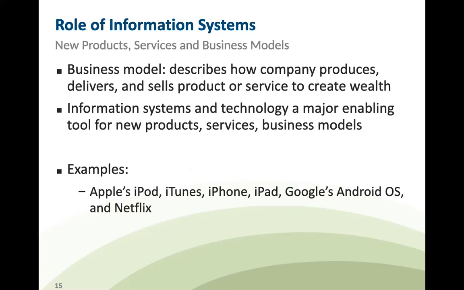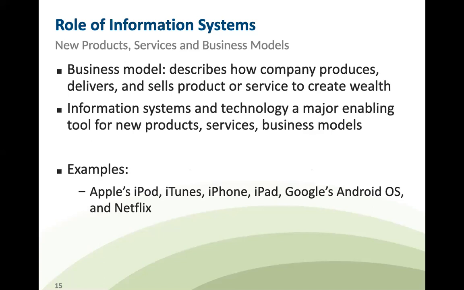Then we'll see how information systems are going to help in building new products, services, and business models. A business model describes how a company produces, delivers, and sells a product or service to create wealth.